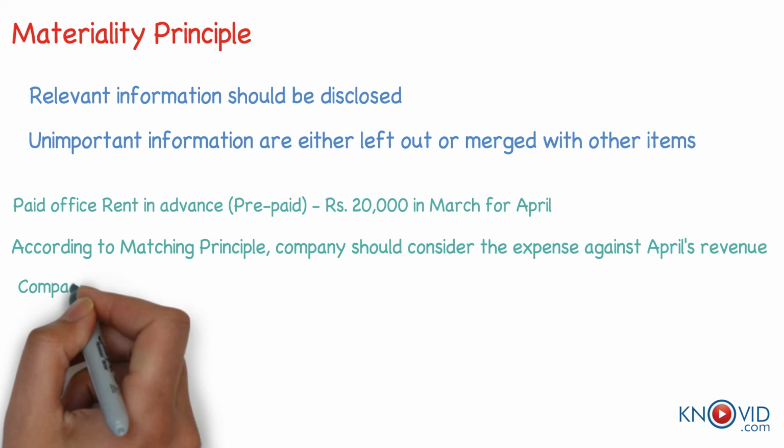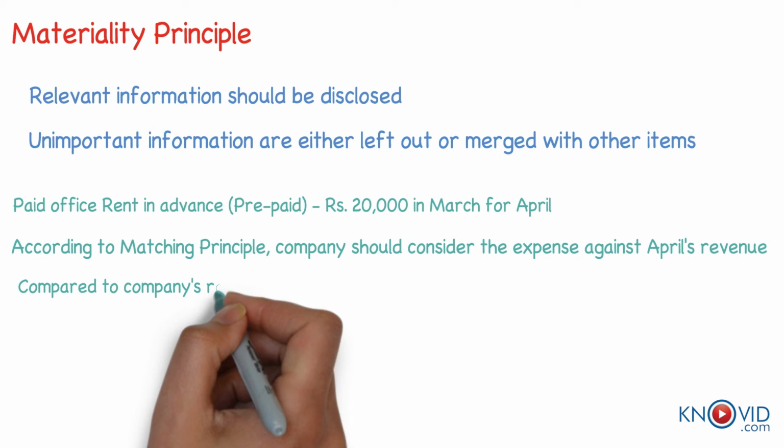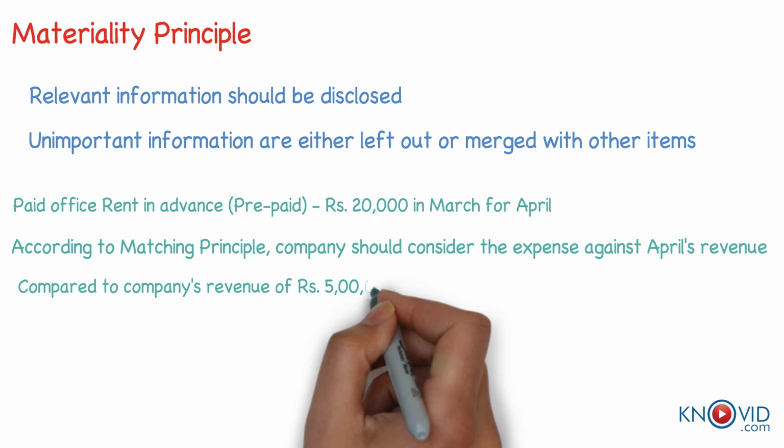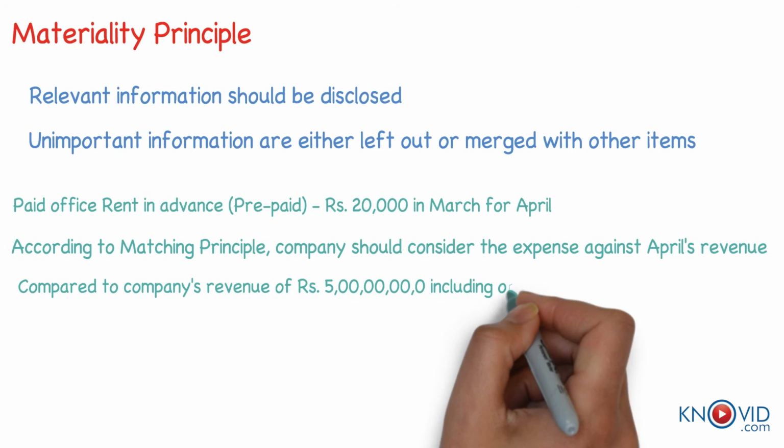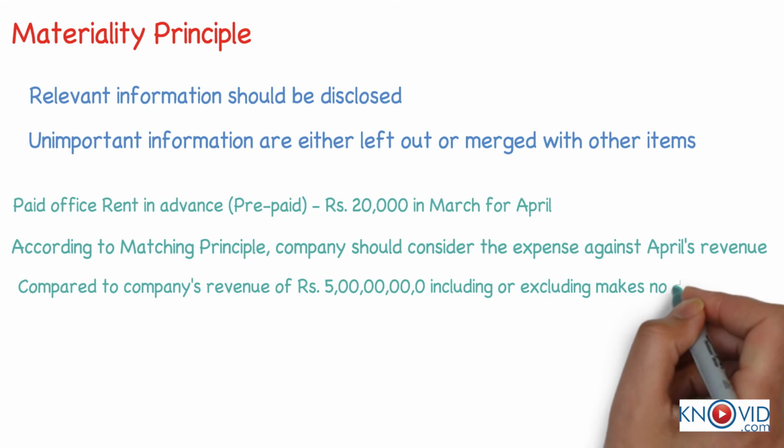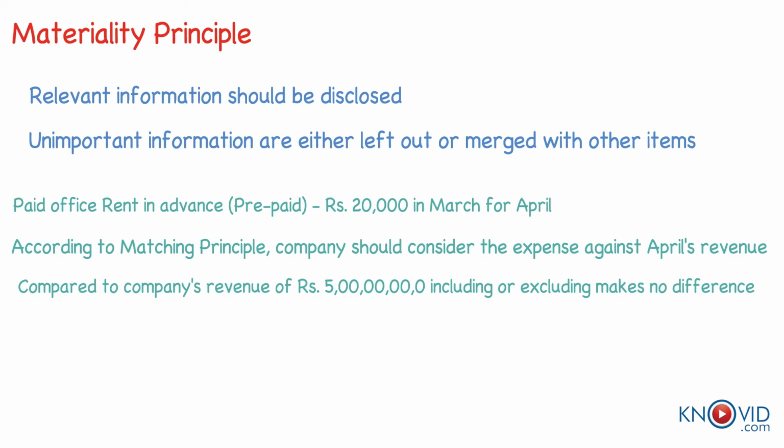However, when this amount is compared against the company's monthly revenue of rupees 5 crores, including or excluding rupees 20,000 does not make much difference in the balance sheet. Therefore, for such insignificant expenses, we can ignore the matching principle.